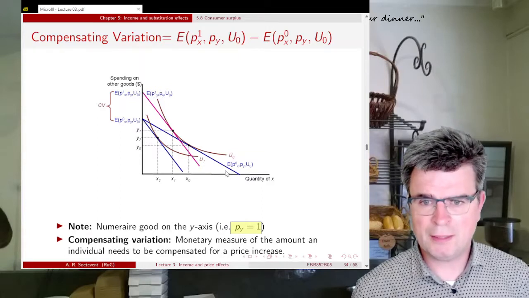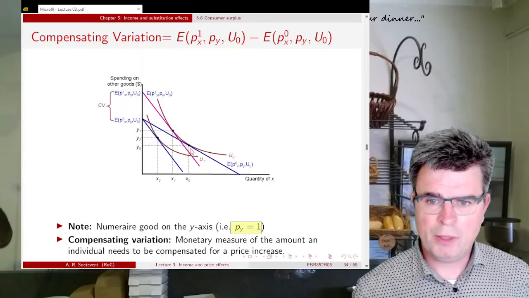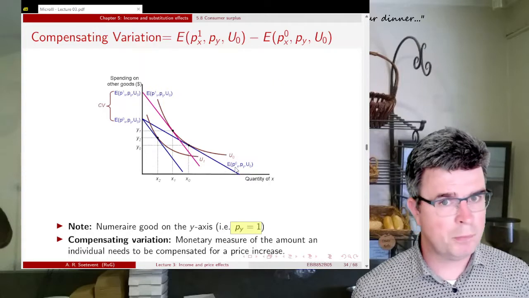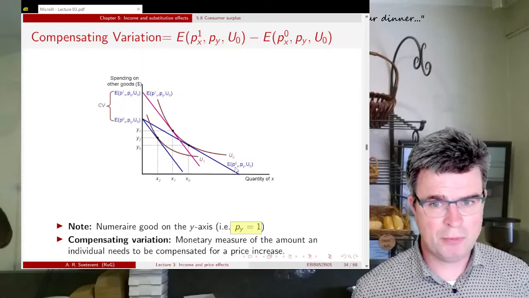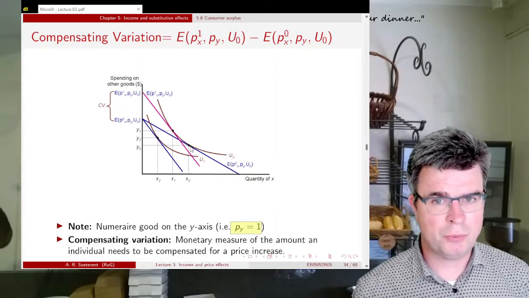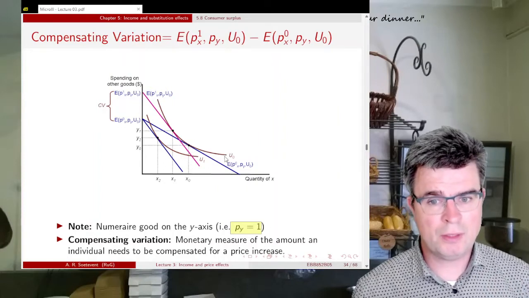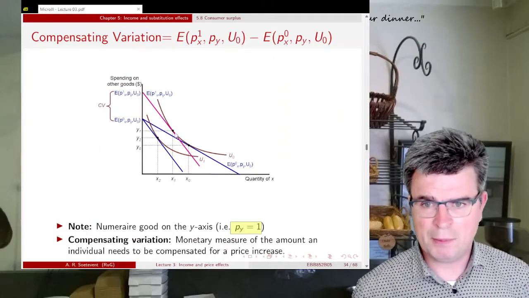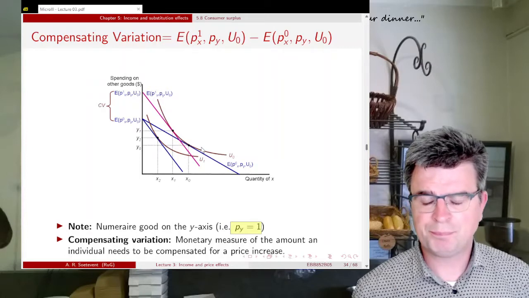So suppose that initially we faced the price of good X P0. At that original level, this was our budget constraint, which enabled us to reach the utility level U0, depicted by this indifference curve over here.